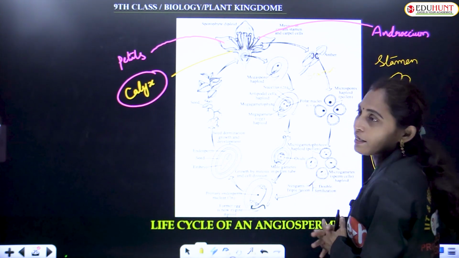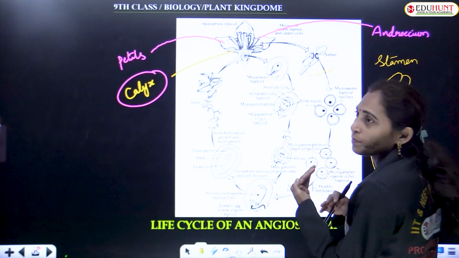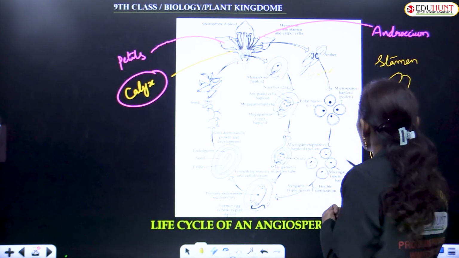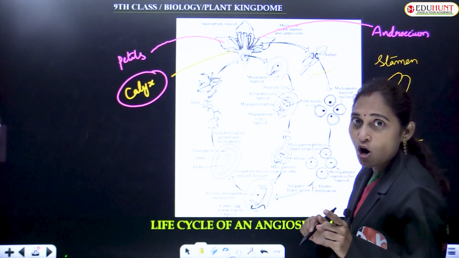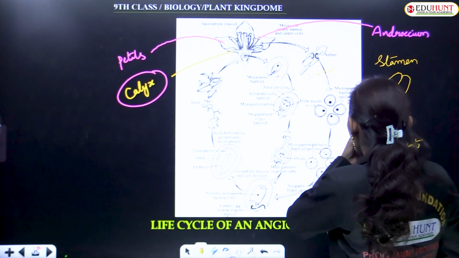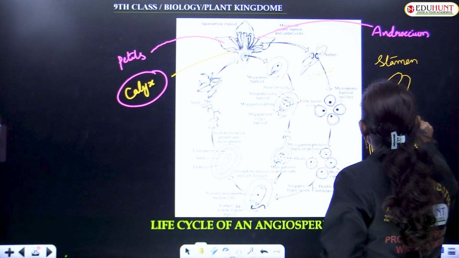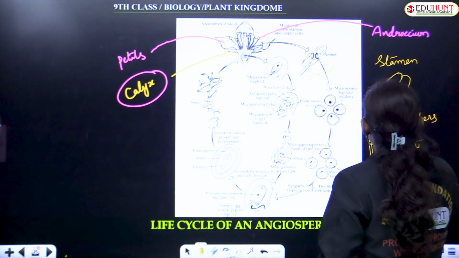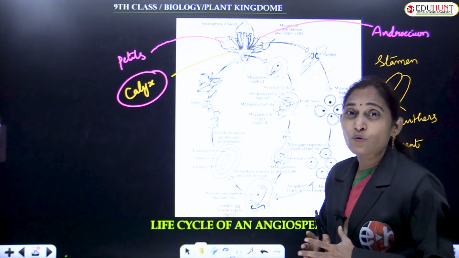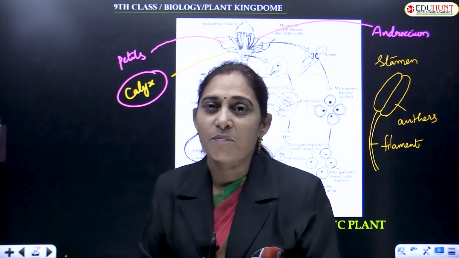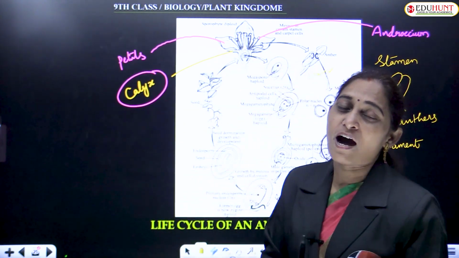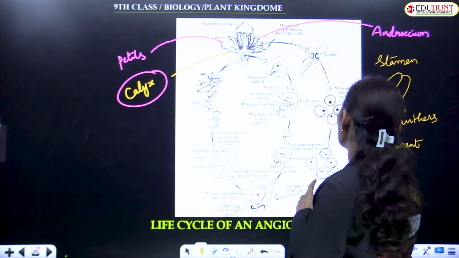This consists of two parts: the filament, that is the stalk of the stamen, and the anthers, the actual fertile parts of the androecium. Fertile parts of the androecium are the anthers, not the filaments.